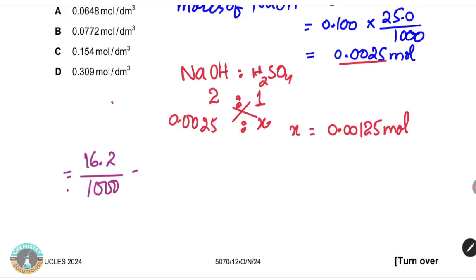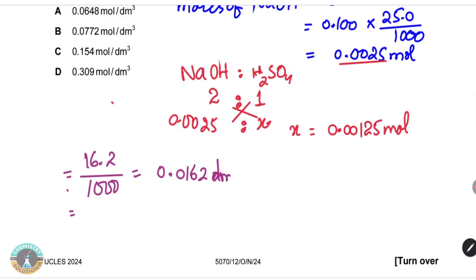This is the volume of sulfuric acid which is given to us. Convert the value into decimeter cube. So the answer will be 0.0162. Okay, so this is the value in decimeter cube.